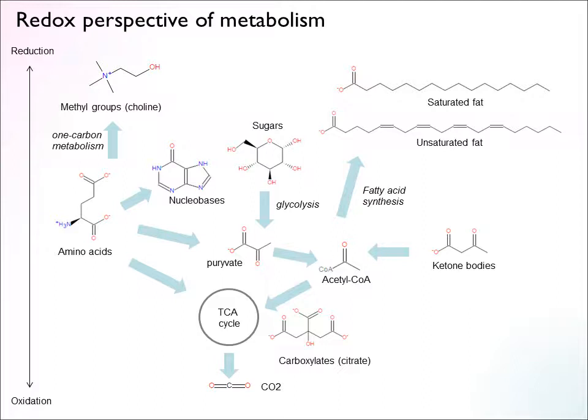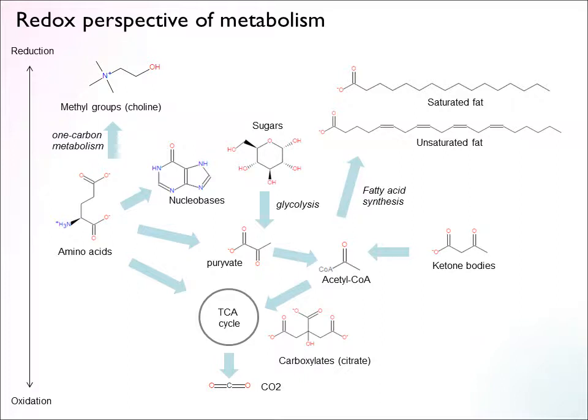You typically see glycolysis, for example, being shown as going from sugars on the top down towards pyruvate and lactate at the bottom, and that's the direction of oxidation. So it's an intuitive way of drawing these maps that you are falling down in energy from the top to the bottom, and CO2 is at the bottom.